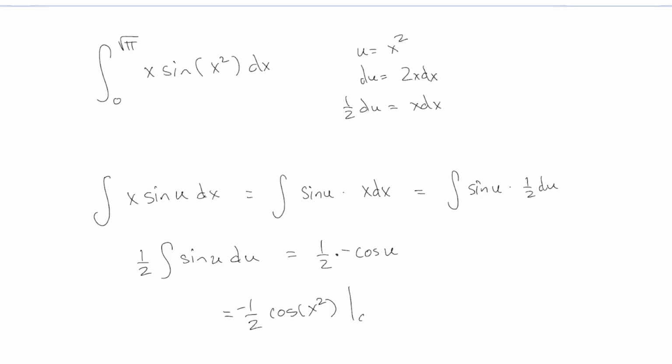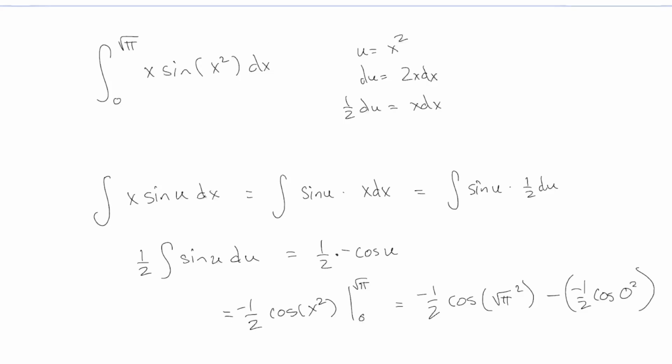And then plugging in 0 and root pi. Instead of u, I use x squared, which is the original variable that u was substituted for. Okay, plug these in. I got minus 1/2 cosine of root pi squared minus 1/2 cosine of 0 squared.